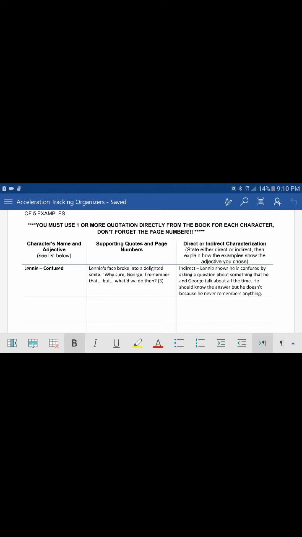It's indirect because Lenny shows that he is confused by asking a question about something that he and George talk about all the time. He should know the answer, but he doesn't because he never remembers anything. So what I'm explaining is how that quotation shows that he's confused. So Lenny is a confused person. Here's a quotation to show it. Here's how this quotation shows that he is confused. And you have to do 5 examples for that chart.